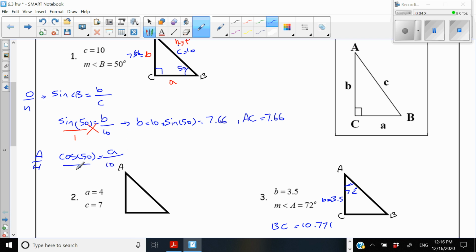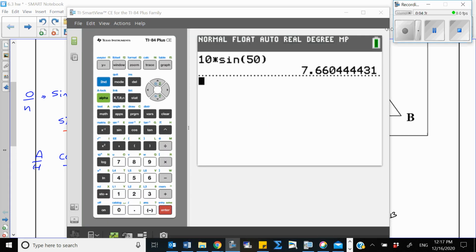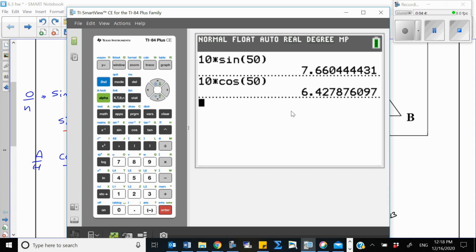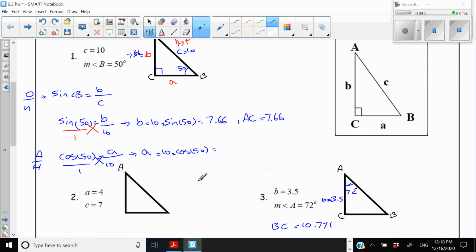Again, I'm going to do the same thing. So denominator of 1 and cross multiply, and from here a will be equal to 10 times cosine of 50. Okay, so I'm going to use my calculator. 10 times cosine of 50, and it's equal to 6.42. So 6.42.